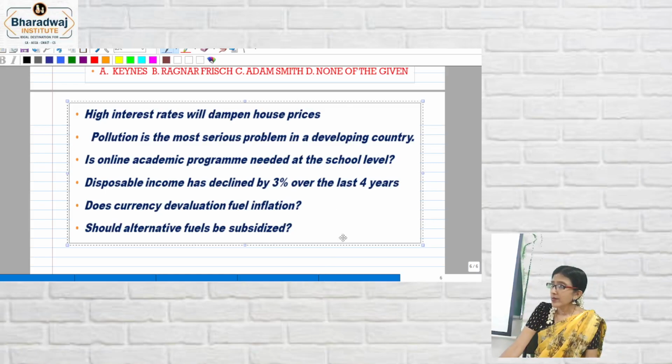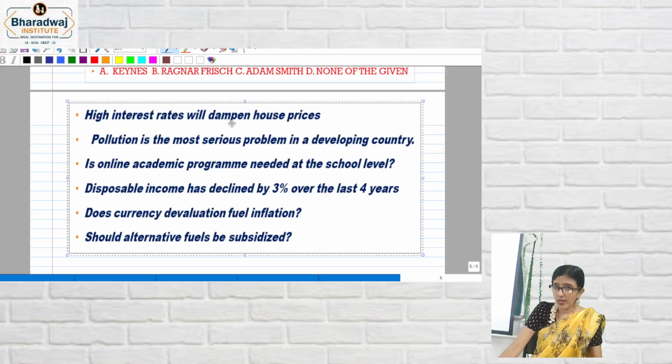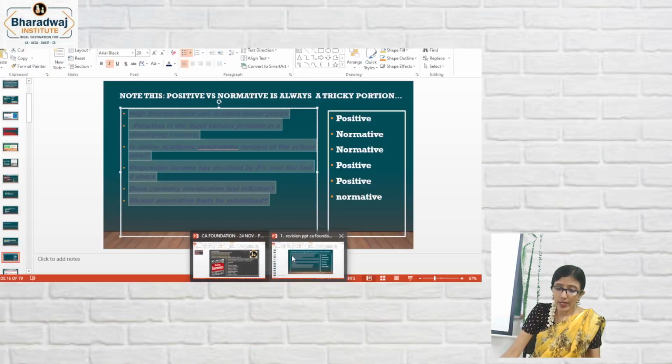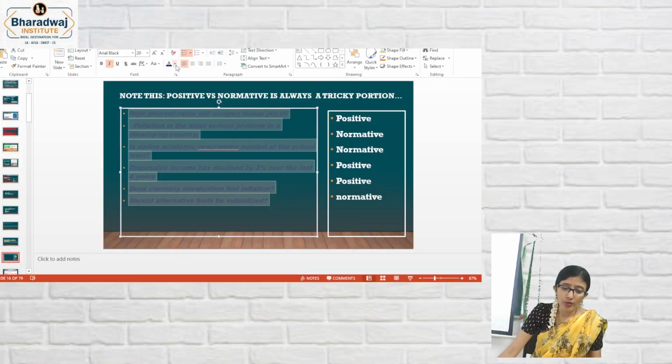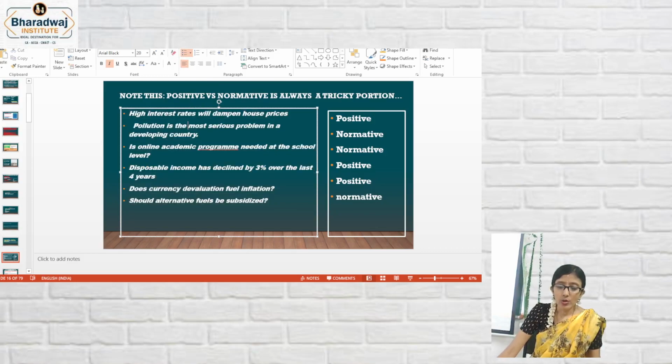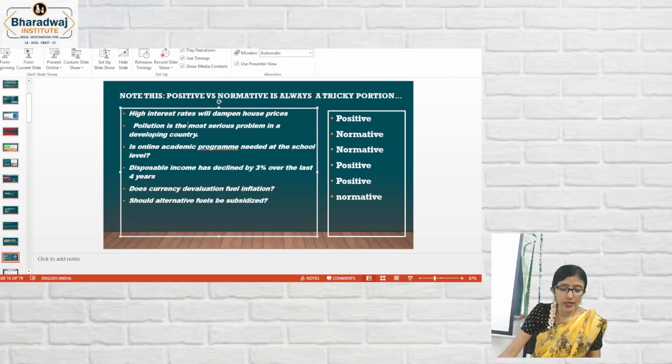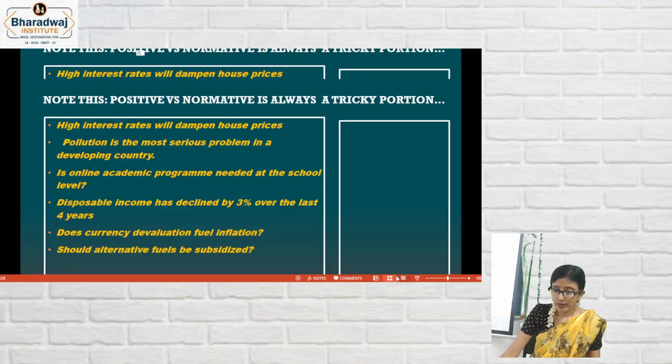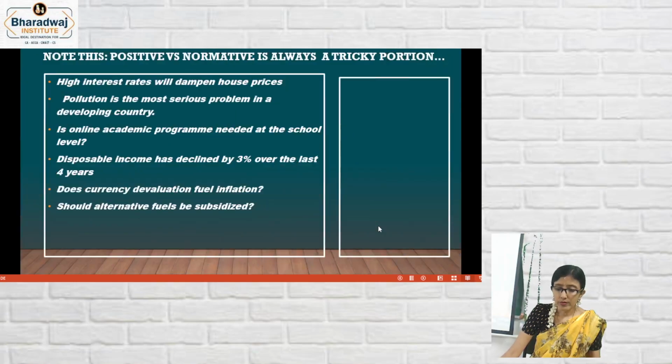Have you all done? Now the answer key. Please look at it, my dear students. The effort has been taken for whom? For you, not for me. High interest rates will dampen house prices.